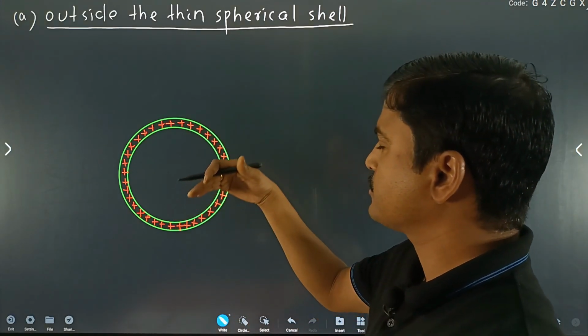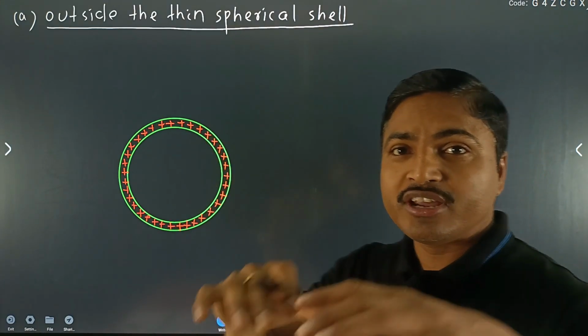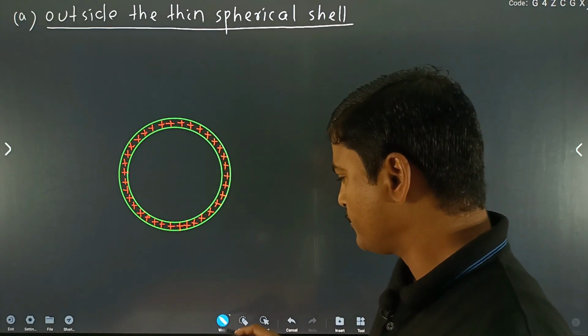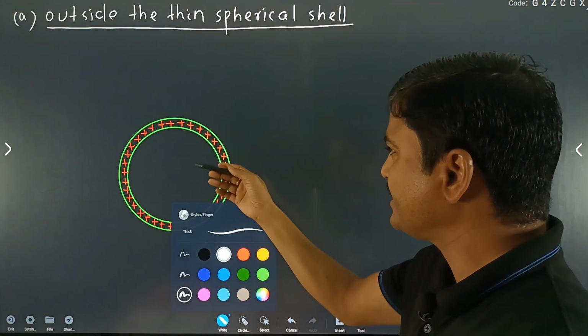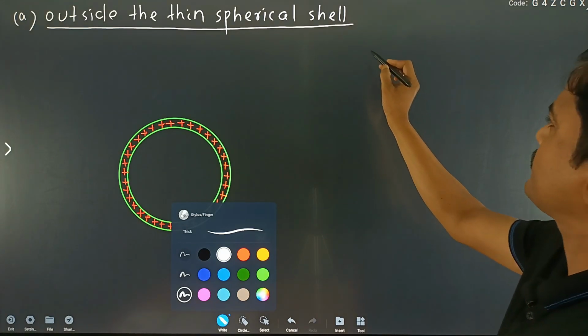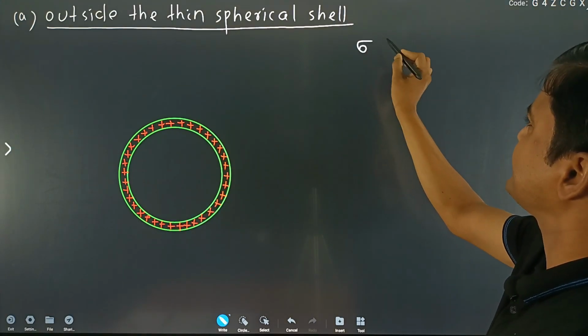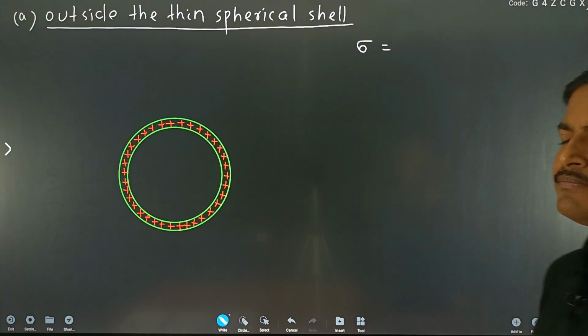And suppose the total charge is distributed uniformly, suppose Q. Then what is the surface charge density? In this case, for surface charge density, the symbol is sigma.